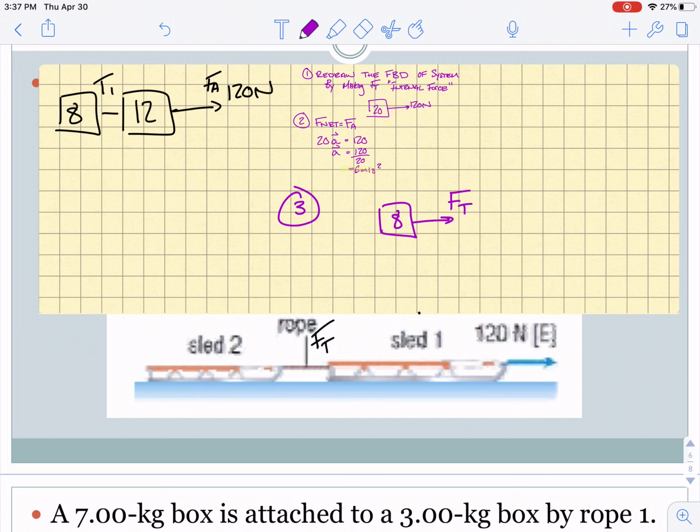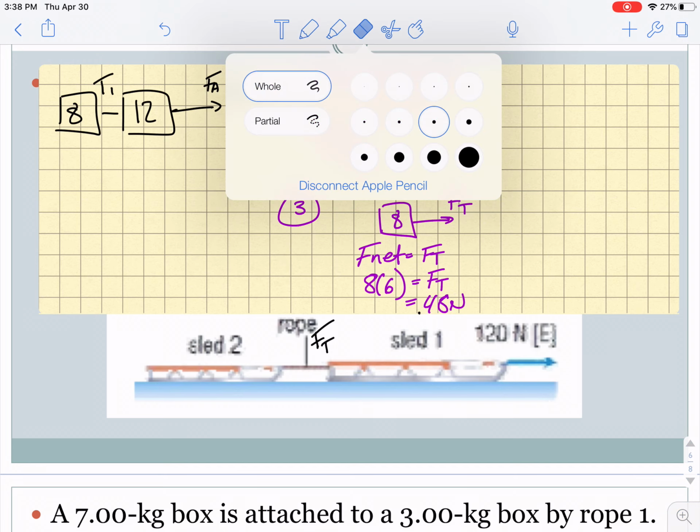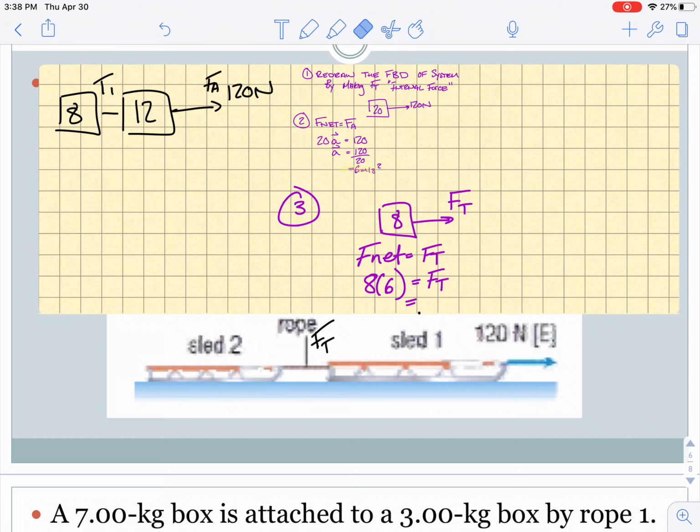So now I just go that F net is equal to Ft, because it's no longer an internal force when we look at each block individually. And then 8 times 6, because we know that it's accelerating at 6, is equal to Ft. 6 times 8 is just 48 newtons, okay? So now we know that that tension force is equal to 48 newtons. And that's the end of the question.